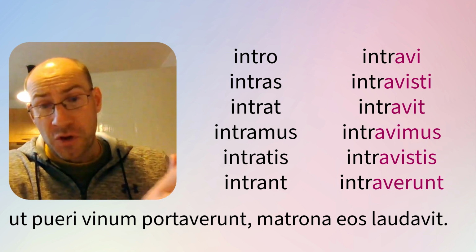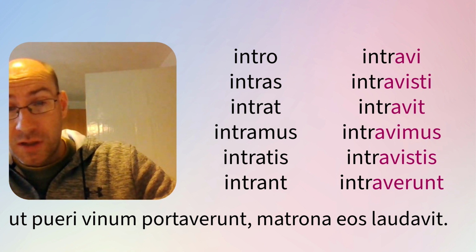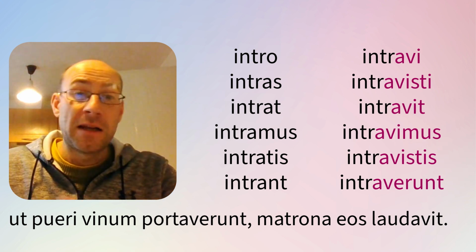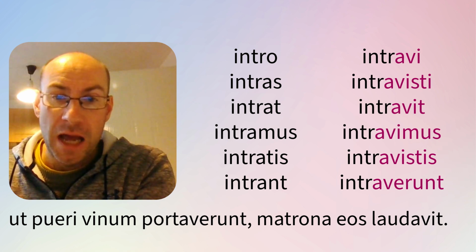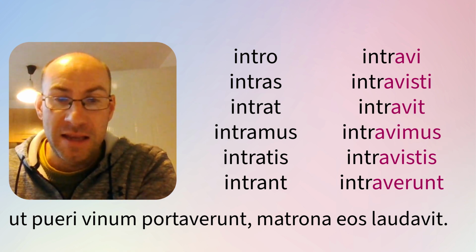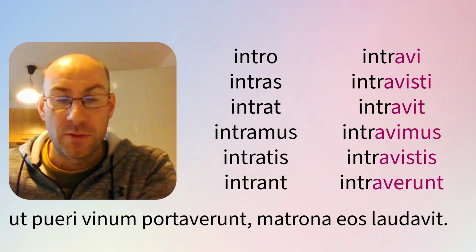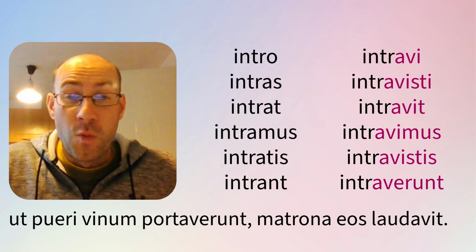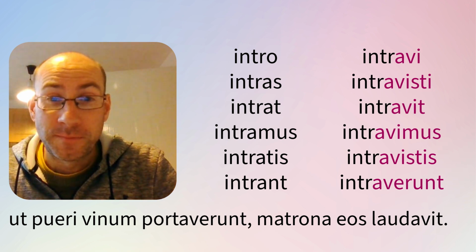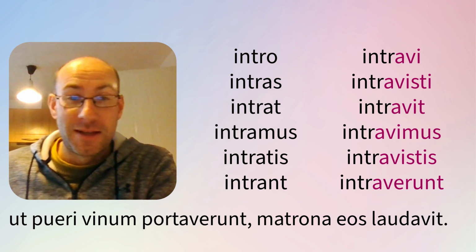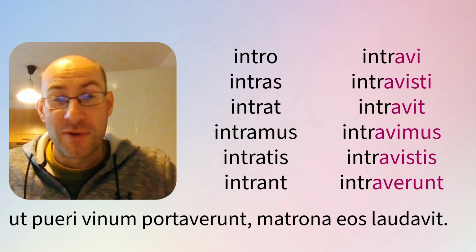So, in the first clause we had verunt, portaverunt, because they did it, plural. In the second clause, matrona laudavit, she praised, singular. So vit versus verunt. All right, memorize that. Let's have the sentence again. When the boys carried the wine, the matron praised them.